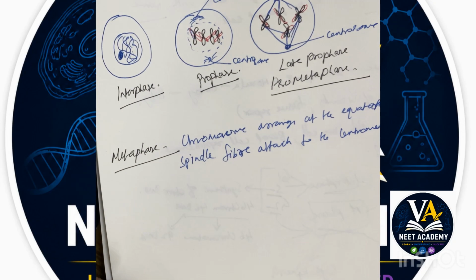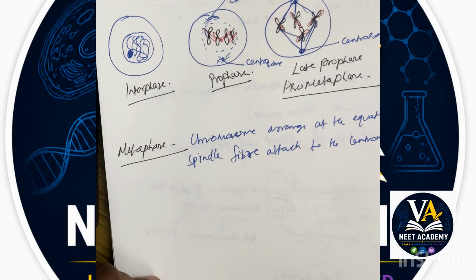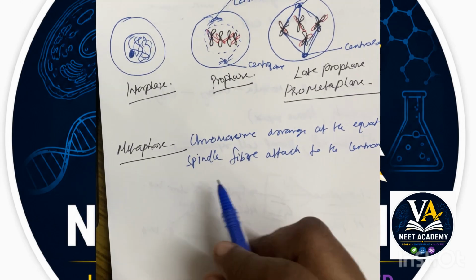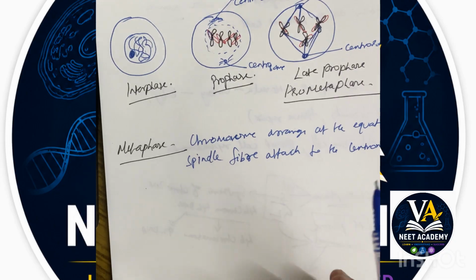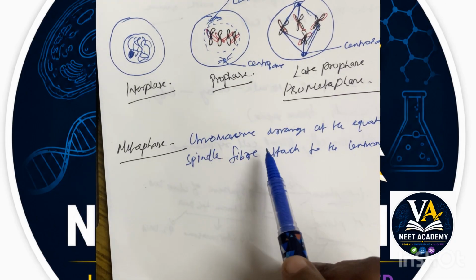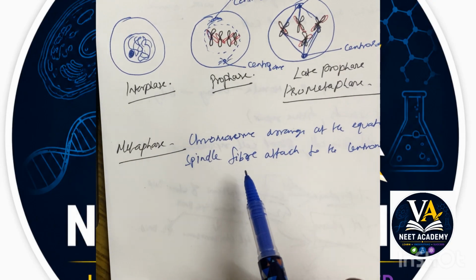One of the interesting facts often asked in NEET is that the best stage for chromosome study is metaphase. Why? Because the chromosome condensation has already happened, and this is the best stage where the chromosome can be studied.